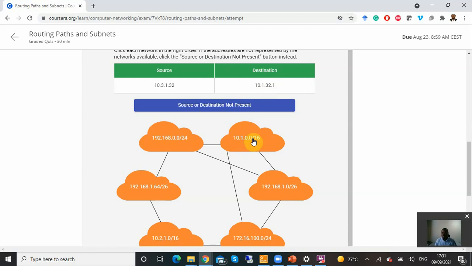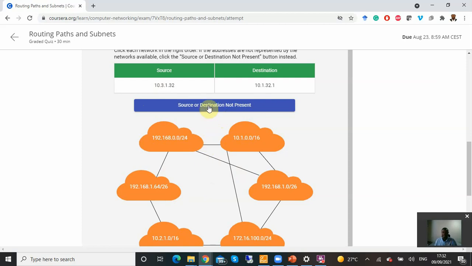Though these almost correspond, simply because either the source ID or destination ID does not correspond, the best answer to choose in this case is source or destination not present, because this source is not present in this network space ID.